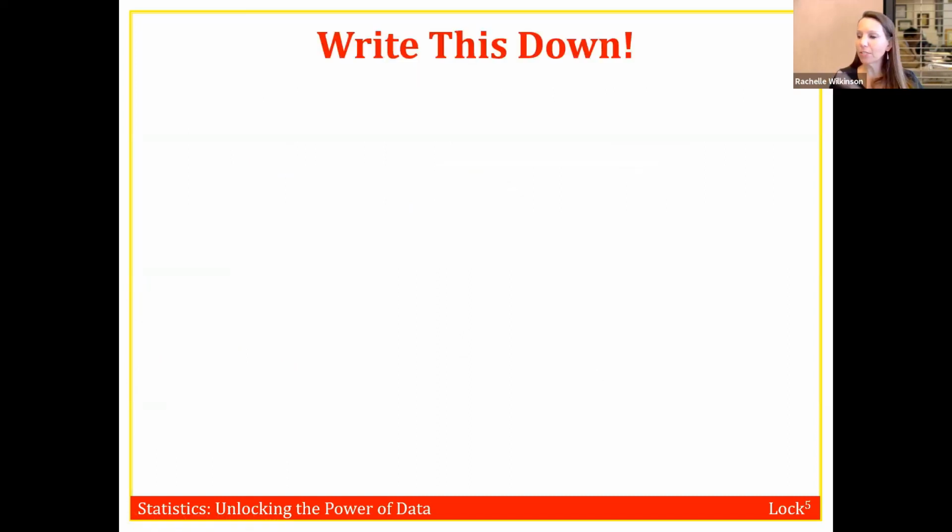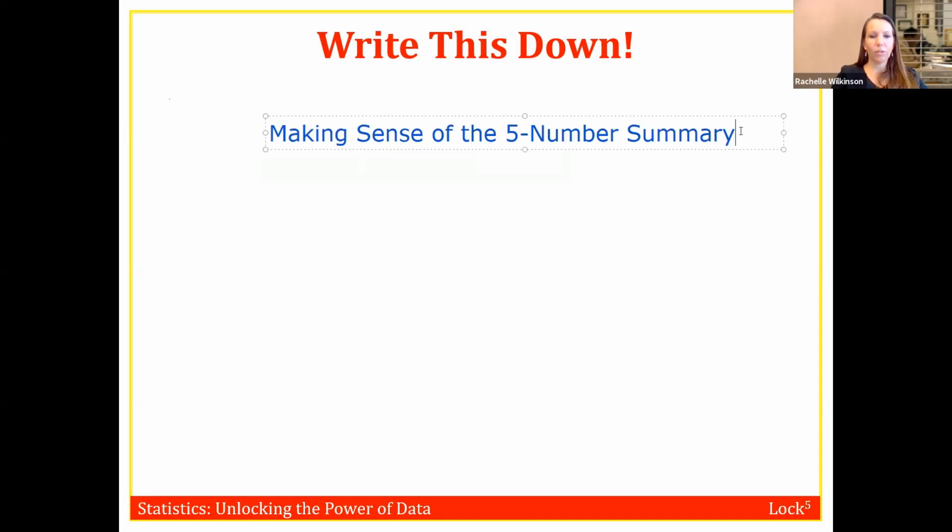Thinking about the 5-number summary, how we're going to make sense of that for now, I'm going to call this making sense of the 5-number summary. First thing is we can tell whether the data is symmetric or skewed based on the numbers in the 5-number summary.